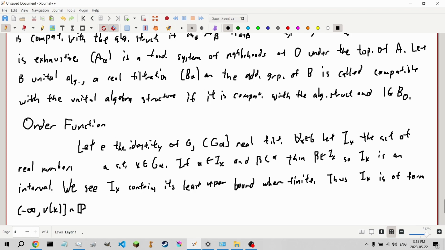That's the ray from V of x down, with V of x being in R bar. So V of x is the supremum of alpha such that x is in G_alpha.